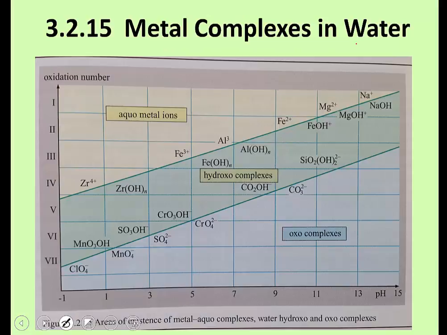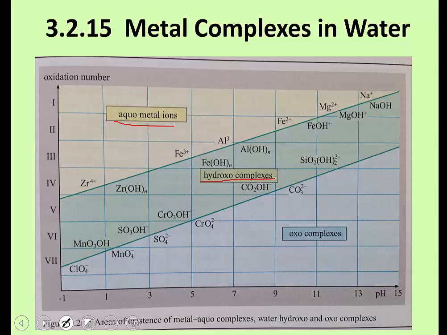And then the author finishes up with one more equilibrium system, looking at metal complexes in water. So this is something you'll probably want to take a look at before the next lab when we meet. It just shows the types of metal complexes, whether you'll have what he calls aqua metal ions, okay, so just metal ions dissolved in water, whether you'll have complex ions.